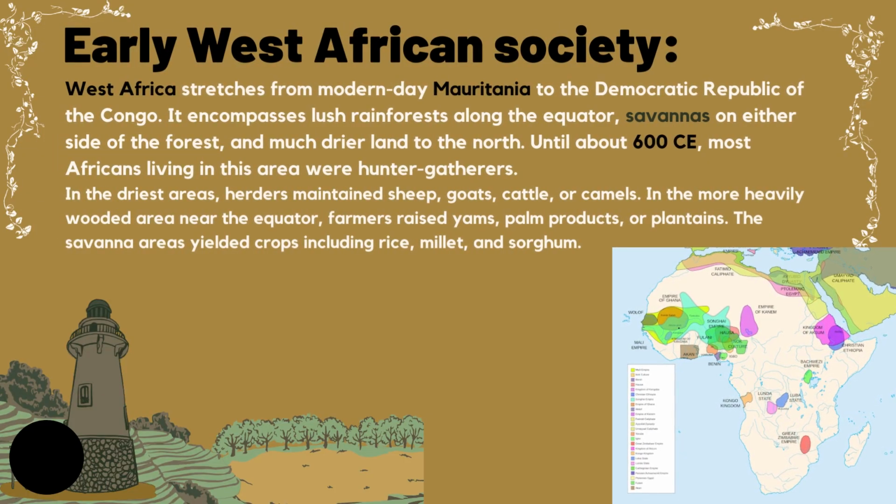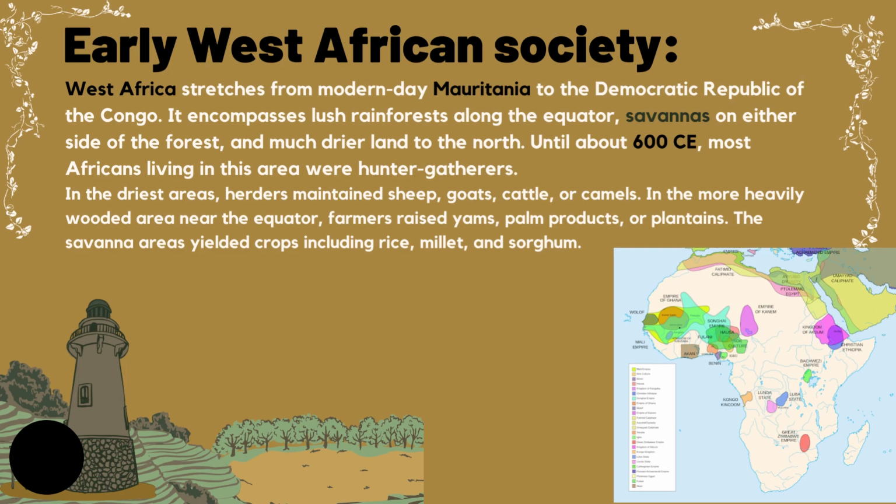Early West African societies: West Africa stretches from modern-day Mauritania to the Democratic Republic of the Congo. It encompasses lush rainforest along the equator, savannas on either side of the forest, and much drier land to the north. Until about 6000 CE, most Africans living in this area were hunter-gatherers.